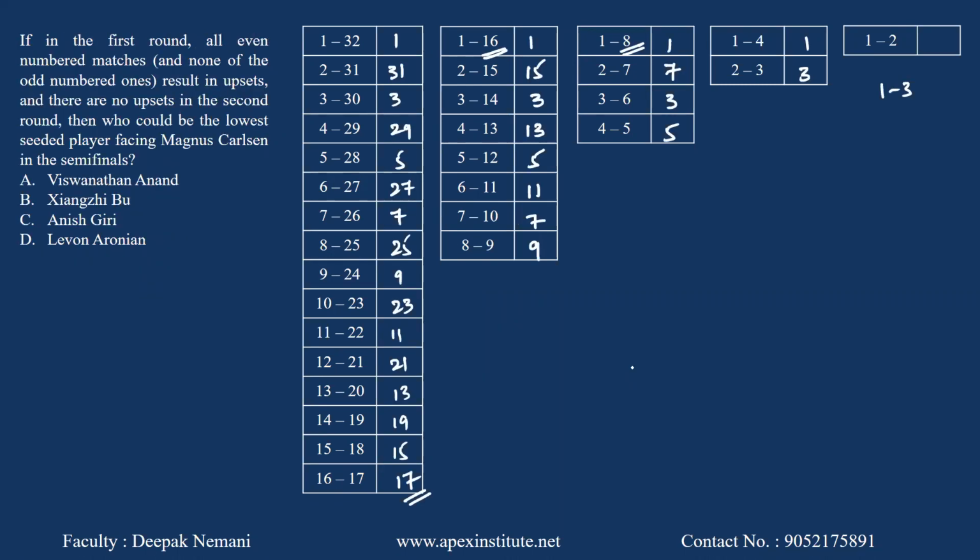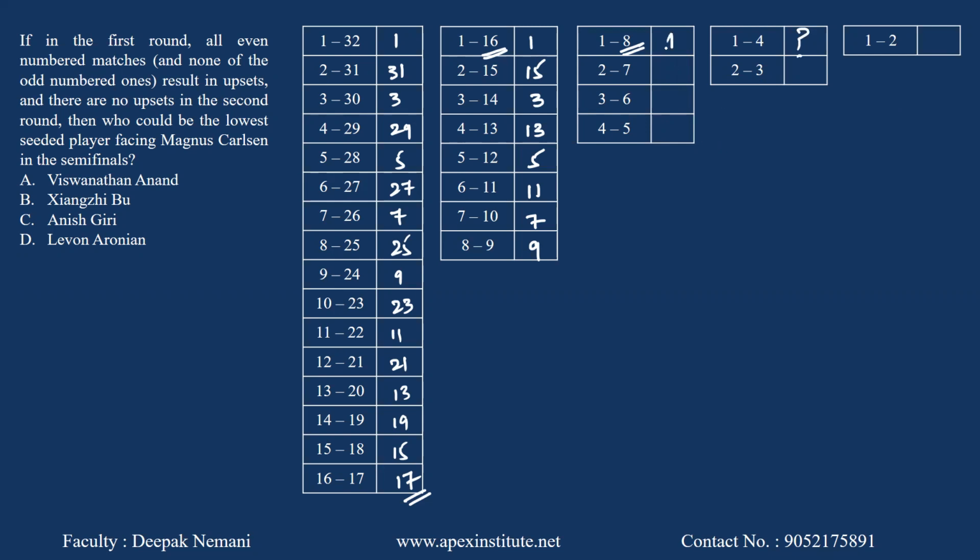Then who could be the lowest seeded player facing Magnus Carlsen in the semi-final? So this is the semi-final, right? There are no upsets in the second round, so there can be upsets in the third round. My bad. So you need to identify the player who can play with Magnus Carlsen in the semi-final.